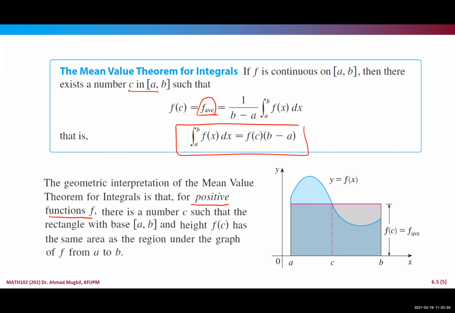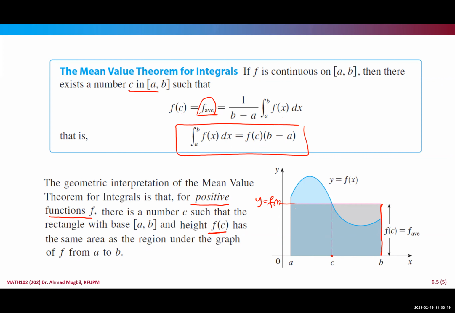Then, by this theorem, if the function is continuous, there is a number c between a and b such that the value of the function at c, y equals f of c, you can think about it like the height, f of c, which is the same as the average value of the function.